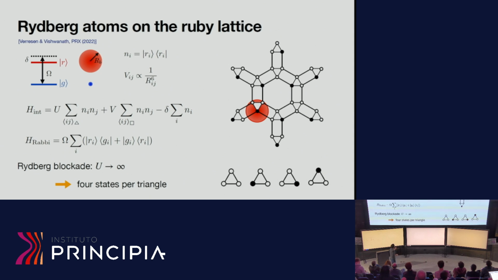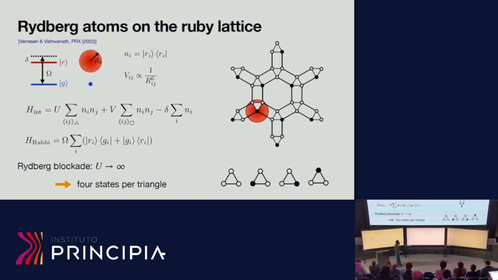So basically, you have van der Waals interactions that decay very fast with the distance. So if I put this on the Ruby lattice, and if I can engineer the parameters in a way that the interaction is very strong within this blockade radius, then basically, if I excite this atom in black, it will block the other atoms in the vicinity from being in the excited state. So this would be in the ground state.